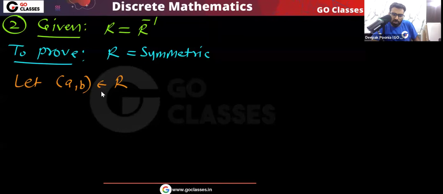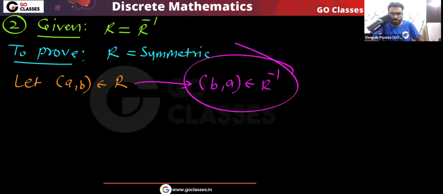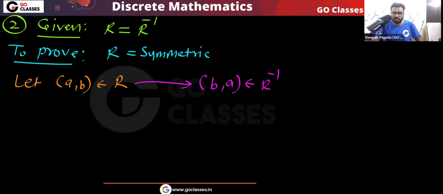Now, if AB belongs to R, then what can I say? If AB belongs to R, then definitely BA belongs to R inverse, by the definition of inverse. If A is related to B in R, then B will be related to A in R inverse. We are using the definition of inverse here.